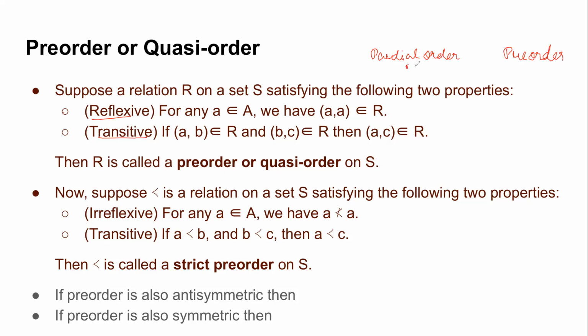Remember, partial order is reflexive, antisymmetric, and transitive, and pre-order is just reflexive and transitive. So, what is the containment? Partial order is contained in pre-order. That means any example that you have of a partial order is also a pre-order, because the two properties are there. So if I have less than or equal to, it is also a pre-order.